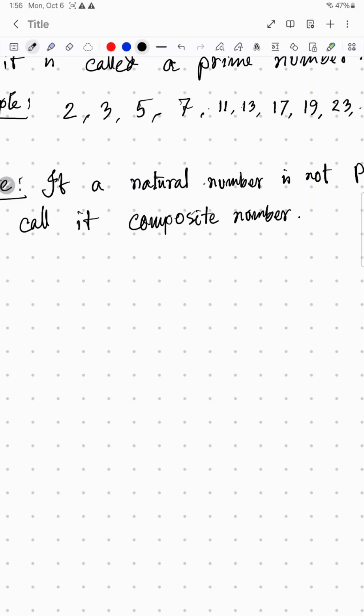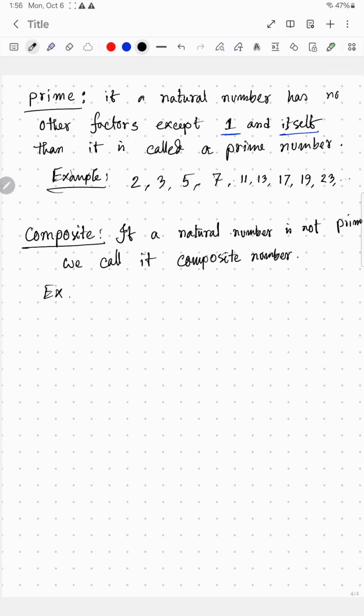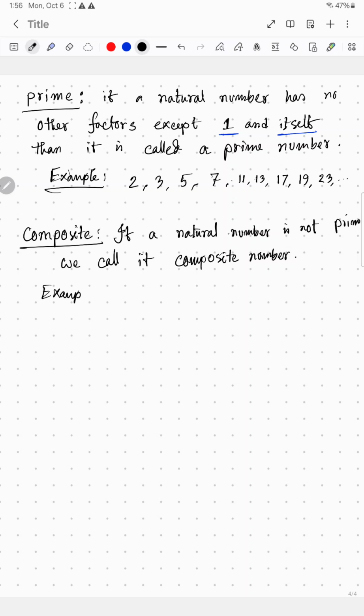Right? Some examples can be 4, it can be 12, 21, all the other numbers that are not prime.